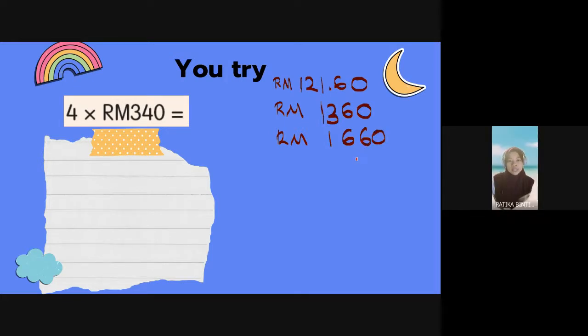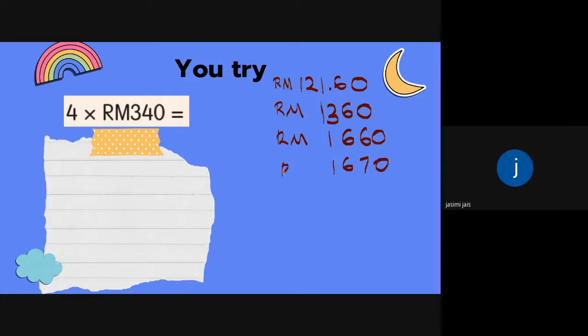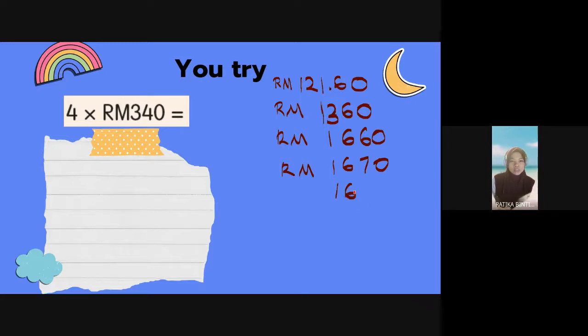Who is Hamzah? 1,660. Okay, Ziyad's answer is 1,670 ringgit. Rania's answer is 1,660 ringgit.